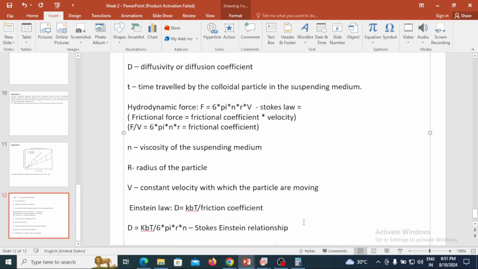This is useful to determine the diffusion coefficient, or, by knowing the diffusion coefficient, to calculate the radius of the particles, also called the hydrodynamic radius. That is the use of the Stokes-Einstein relationship.